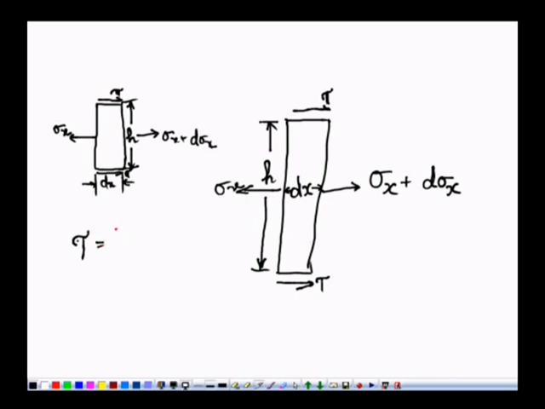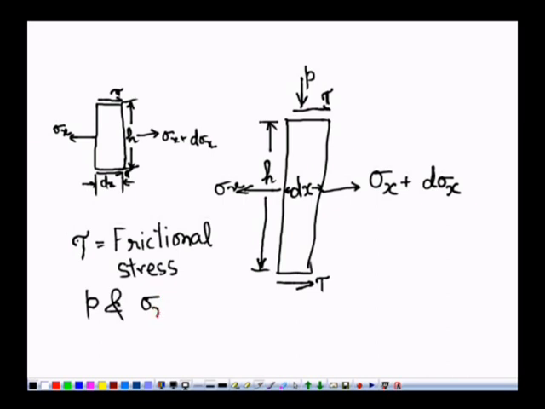This one is a frictional stress, and the P that is acting here, so the P and sigma x are taken as the stresses.